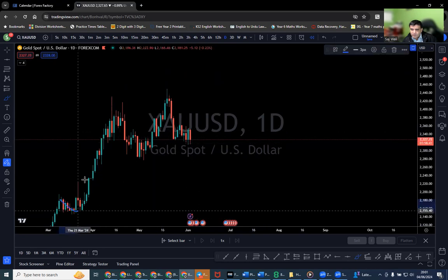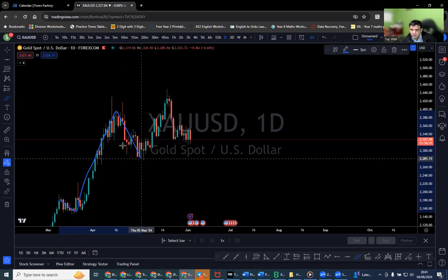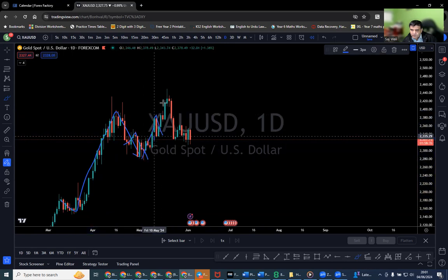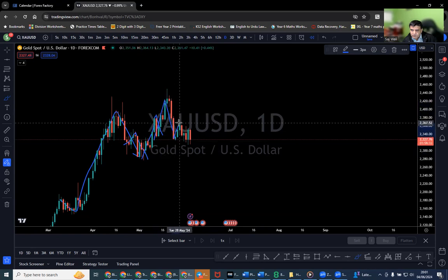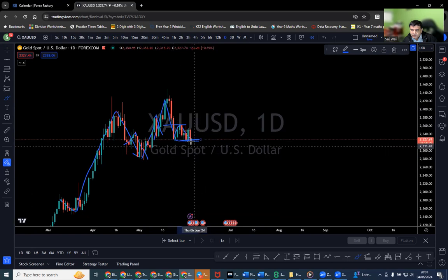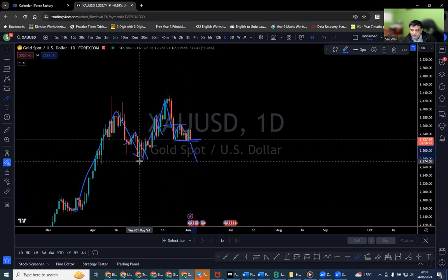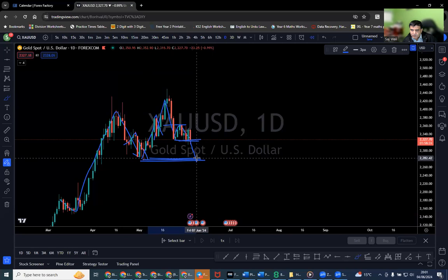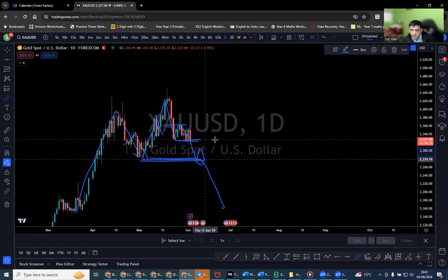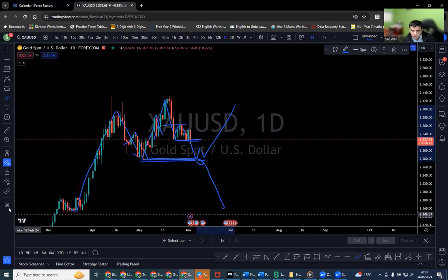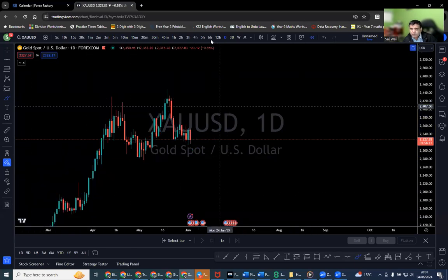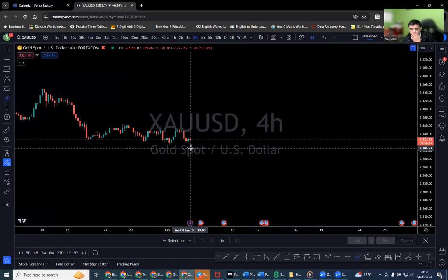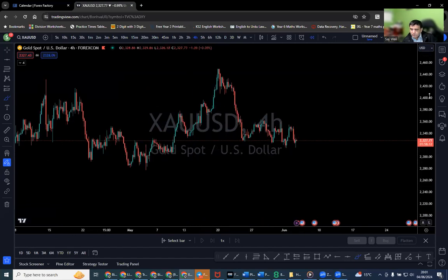Also, if you look from this perspective, it is definitely bullish. But from here, this is trying to break below this and could be bearish up to here. And once this is broken, we'll go more bearish unless it goes to the upside. So that's what we're looking for. And for that, we need to go to a smaller time frame.